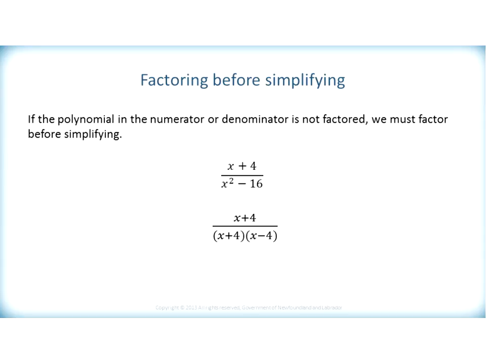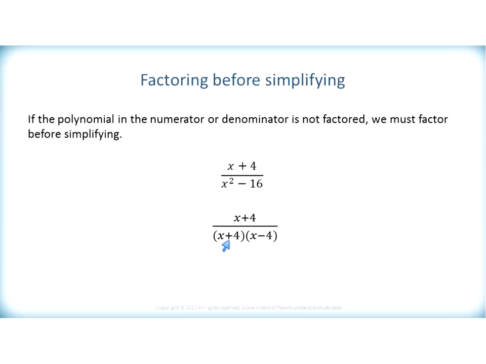We must always factor before we simplify. If the polynomial in the numerator or denominator is not factored, we must factor before simplifying. So we have x plus 4. We're unable to factor it. X squared subtract 16 is one of our special binomials. There's no common factor, but it is a difference of two squares.